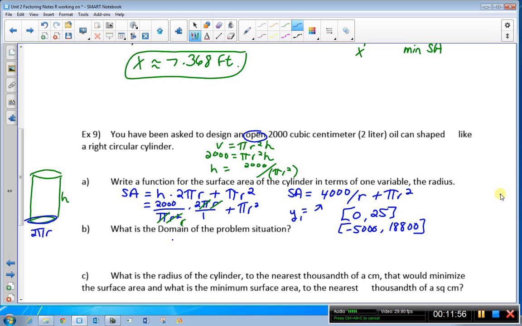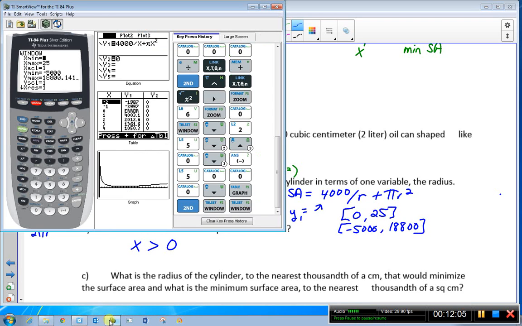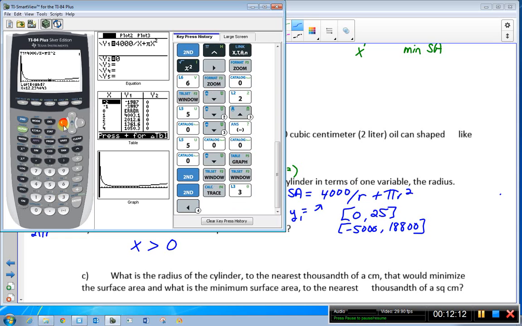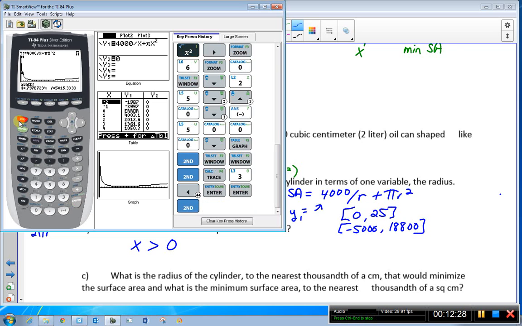Okay. I'm going to say the domain is x is greater than 0 again. And let's try second trace min again. Bring that cursor over. Let's try it again. Okay.